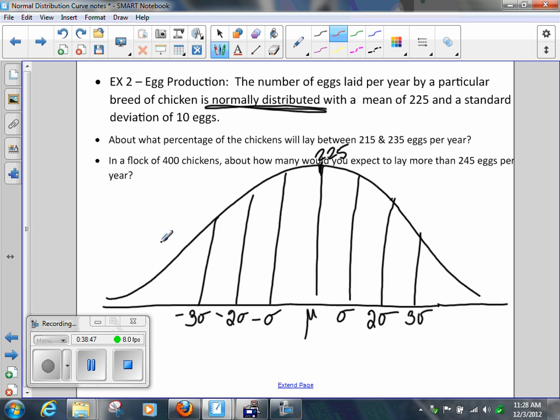What are going to be my numbers along the top of the curve? Going to the right, 225, standard deviation of 10. What's my next number? 235. What's my next number? And the next. 255, right?